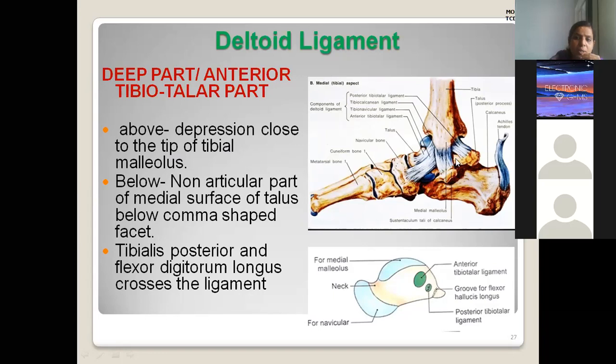We have that comma-shaped facet, which is also not seen because it is overlapped by the intermediate fibers of the superficial part of the deltoid ligament. Below, the tendons of tibialis posterior and flexor digitorum longus actually cross this deep part of the ligament. That means these tendons pass from here.